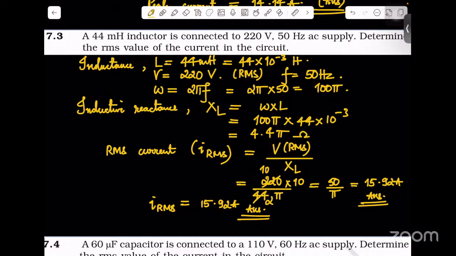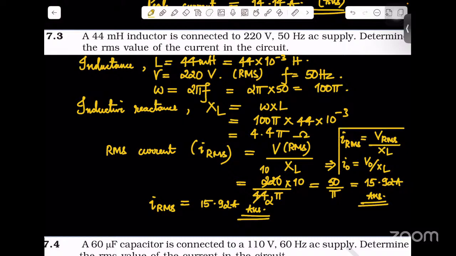So you need to remember this formula here, that is IRMS is Vrms upon the inductive reactance, or that can also be written as the peak current equals the peak voltage upon the inductive reactance.